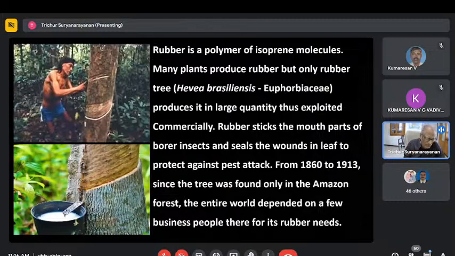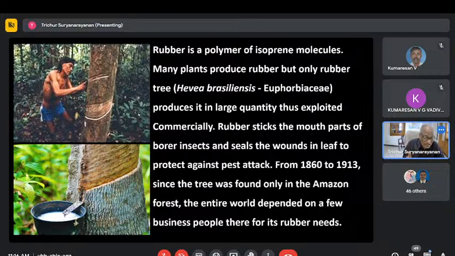Rubber is a sticky substance, and why should a plant produce rubber latex? What happens is when an insect bites the leaf or the bark and eats the tissues, rubber is secreted and rubber will stick to the mouth parts of the insect, so it cannot open its mouth again, and so the damage to the tree is very much reduced.